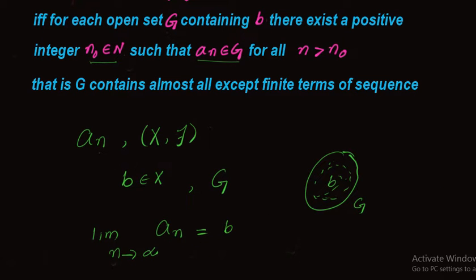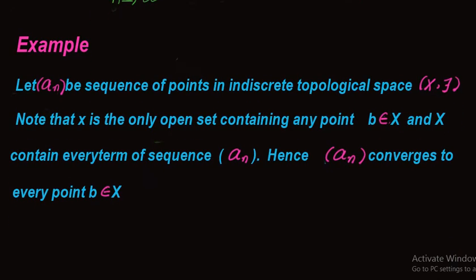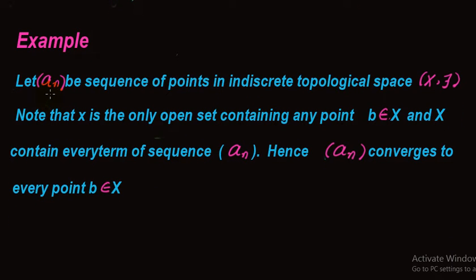Now we discuss an example to understand this concept. Let an be a sequence of points in an indiscrete topological space.